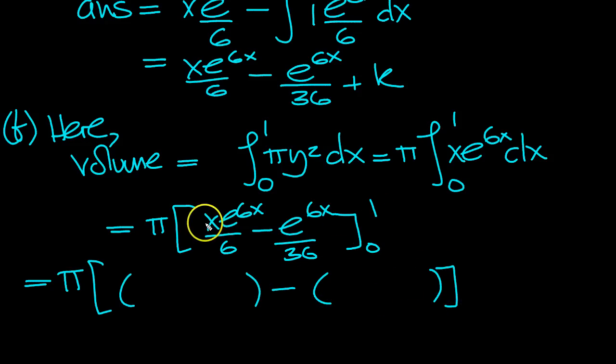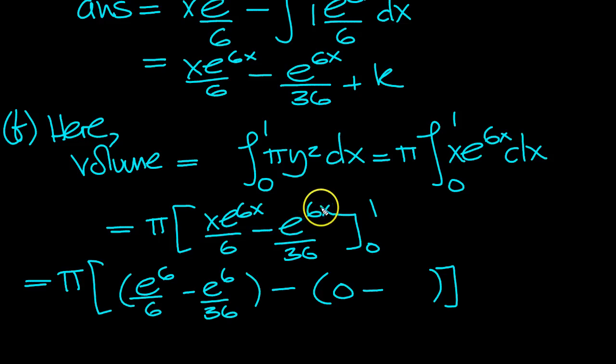put the 1 in then, 1 e to the 6 over 6, put the 1 in here, e to the 6 with a minus over 36. Take away the bottom value, put 0 in here, we get 0, minus, put 0 in here, e to the 0 is 1, so it's 1 over 36.